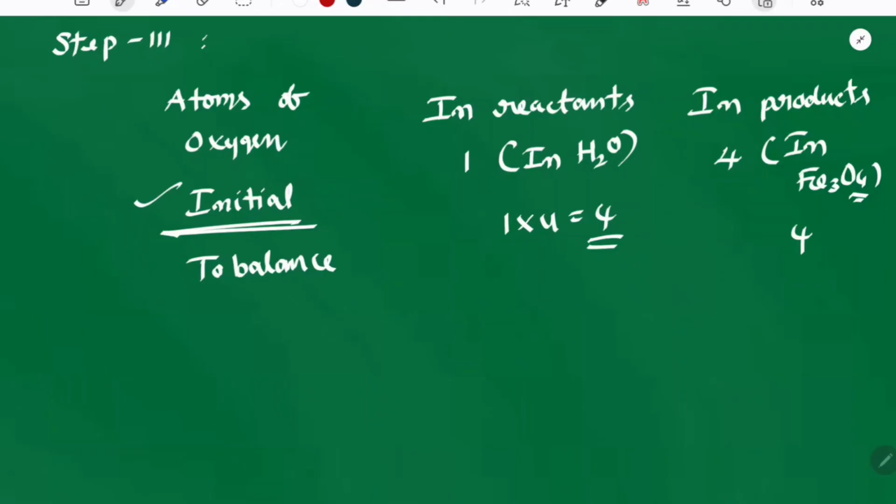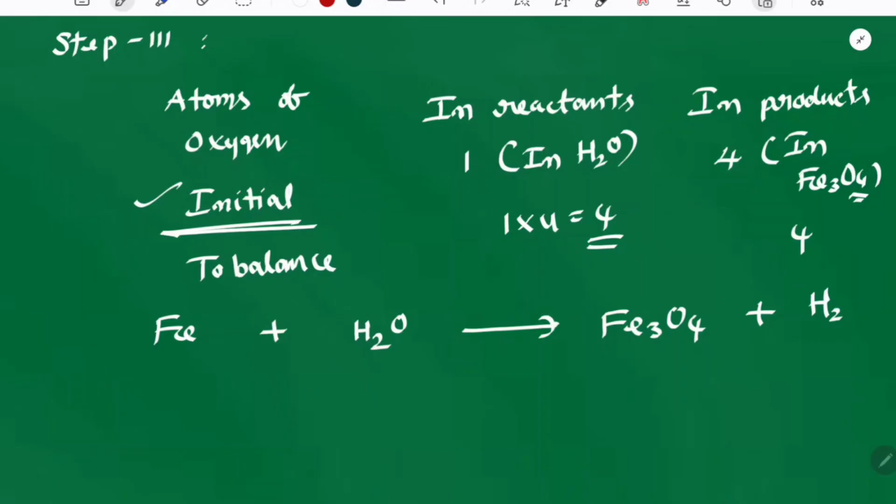So we can write 4H2O. The equation is now Fe plus H2O gives rise to Fe3O4 plus H2.